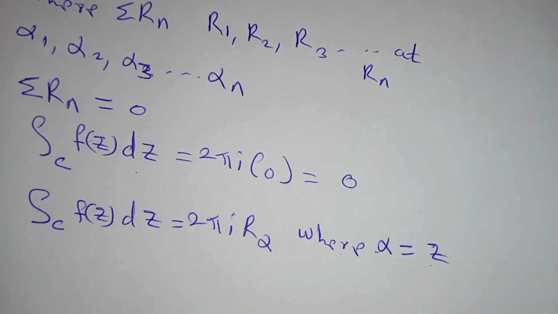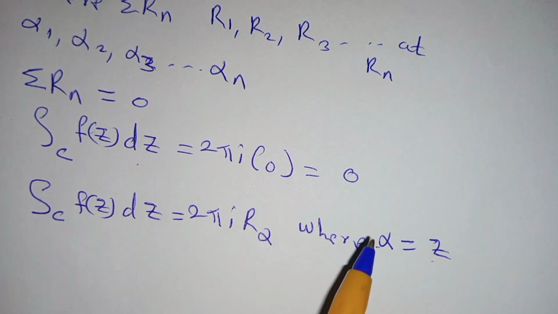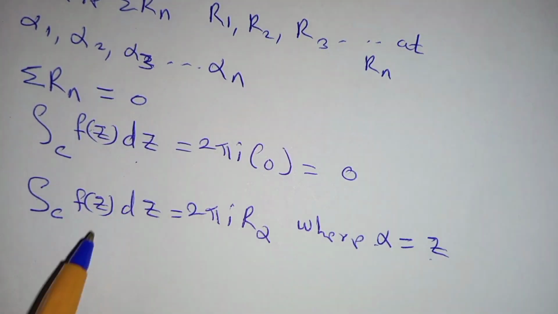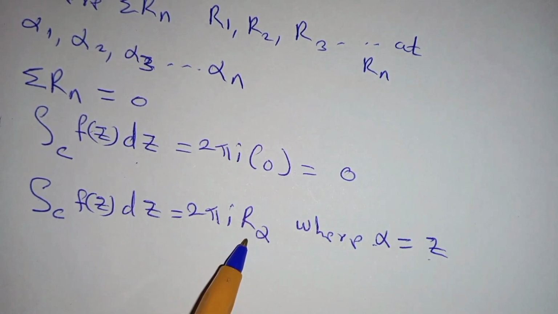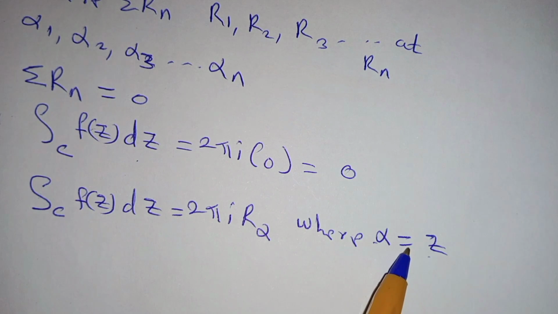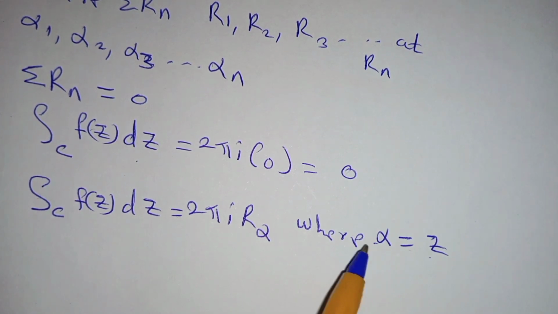Remember, a pole is a point where the function is not defined. Now this is for the case where the pole is at z is equal to alpha.